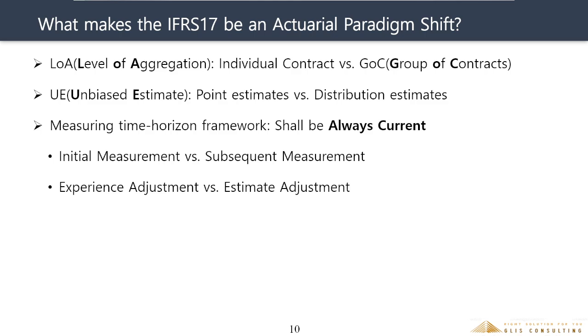There is the experience adjustment. And also in subsequent measurement, you have to estimate the fulfillment cash flow for the future remaining coverage again. And if there is any change on a current basis, we call it estimate adjustment.